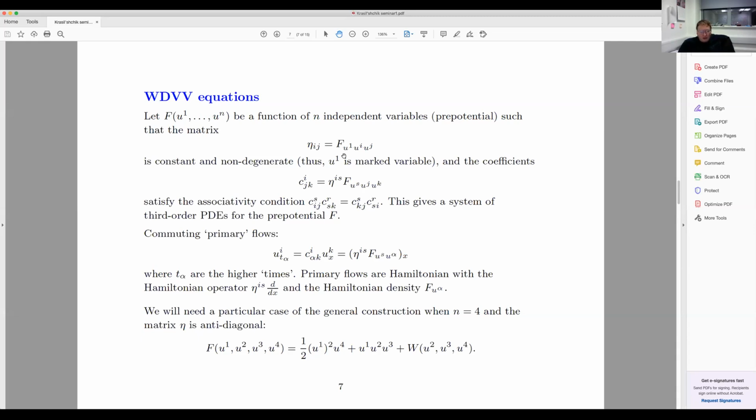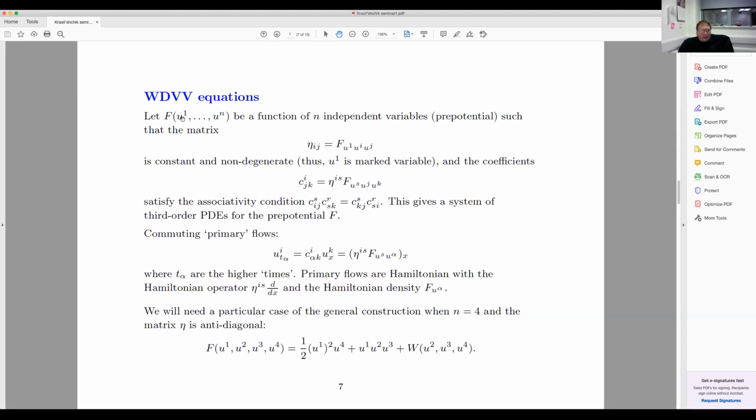Another object I will need are the so-called primary flows, commuting primary flows. These are hydrodynamic type systems generated by this potential. The main object is this potential. It satisfies a certain PDE system, and it generates n commuting hydrodynamic type systems of the following form.